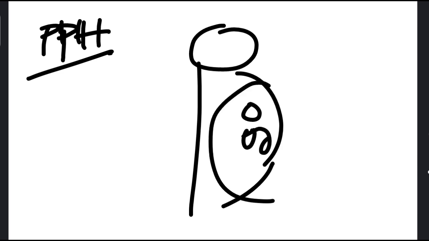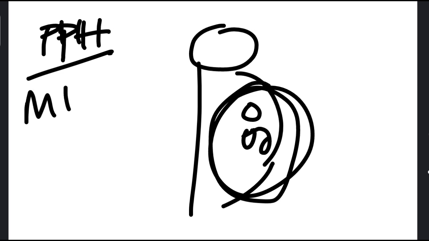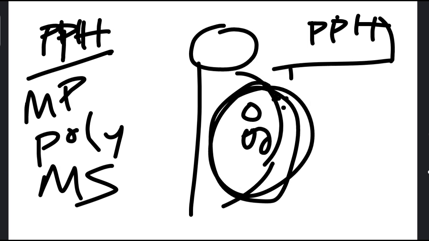It's increasing the size of this whole pregnancy, so multiple pregnancy, and we'll have things like polyhydramnios, macrosomia and the like. Because of this increase, that's the contraction on the uterine and the like, this woman is also at risk of having PPH on the maternal side.